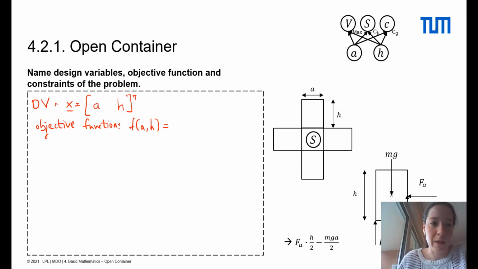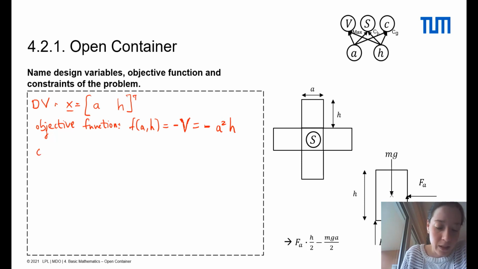We want to maximize the volume, so minimize the negative volume. And the volume here is simply A squared times h, so that's the base surface, and that's extended into the third direction, h.